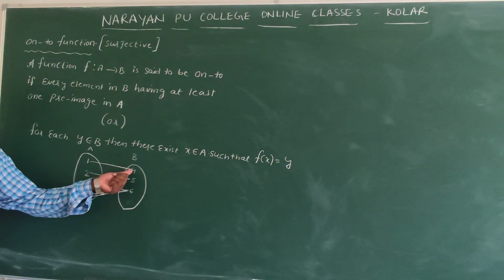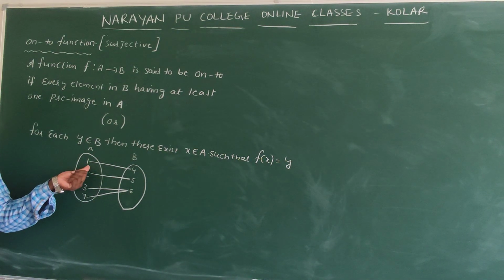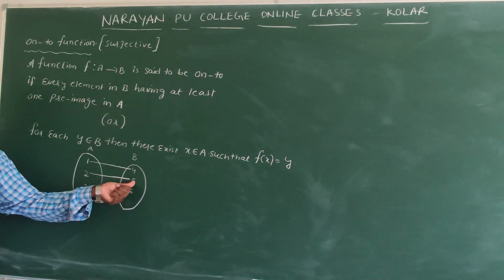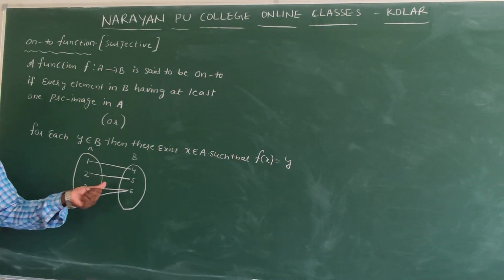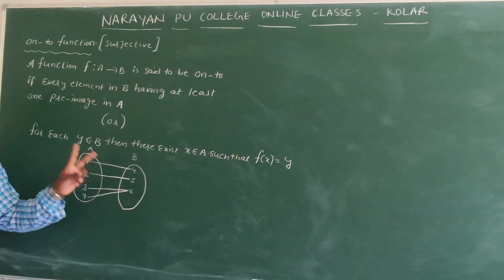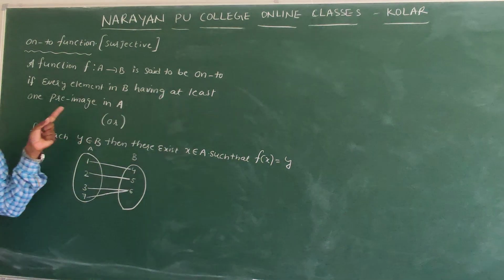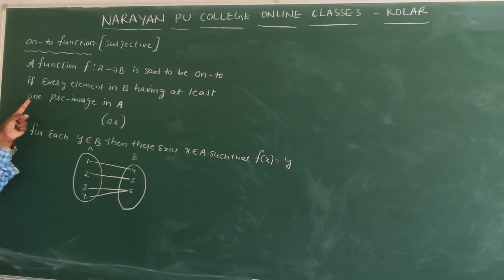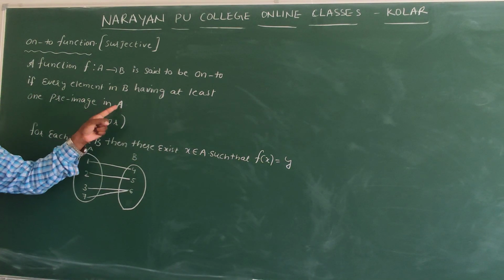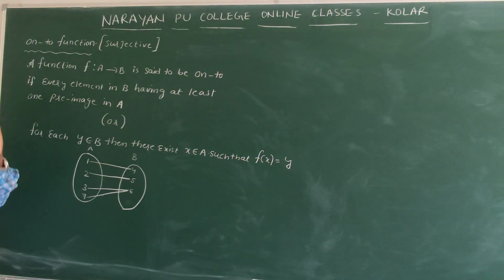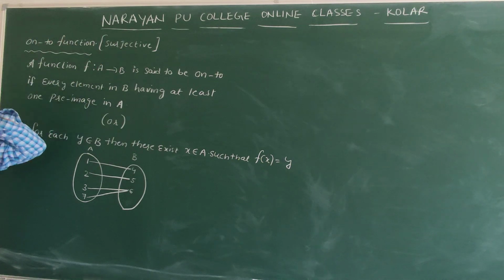Why? Because 4 having one pre-image, 5 having one preimage, 6 having 2 preimages. That's why in definition I mentioned at least one preimage will exist in the domain. So this is called onto function. It is also called as surjective function.